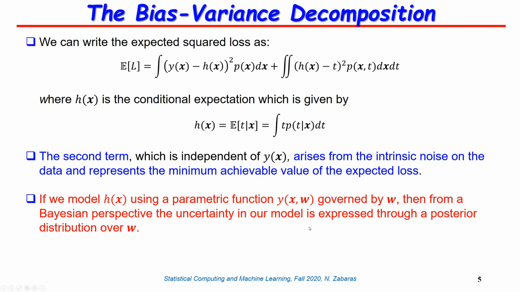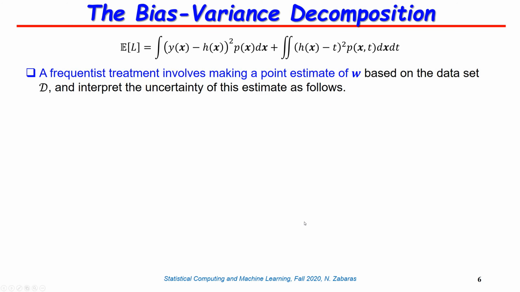Now, in a frequentist setting, if we follow this approach and we parameterize the regression function with w taken as a fixed number, the question is, where do those uncertainties come from in a frequentist approach? Well, I think I discussed this in passing.